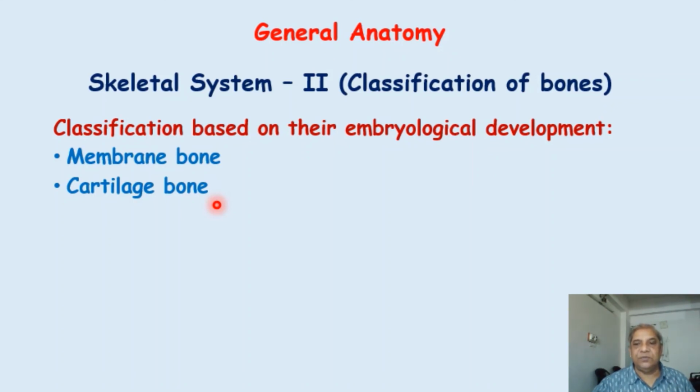This kind of ossification or bone formation is very common, and all the long bones of the body develop by cartilaginous ossification. That means here the cartilage is first formed and then it is gradually replaced by the bony tissue.